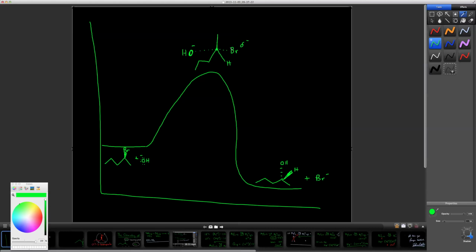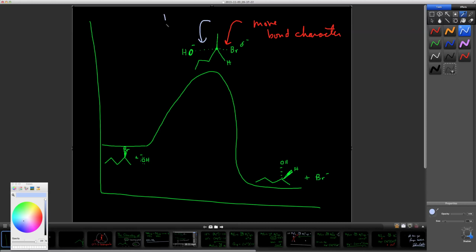So these are not evenly spaced. There's more bond character with carbon-Br than there is with carbon-OH.